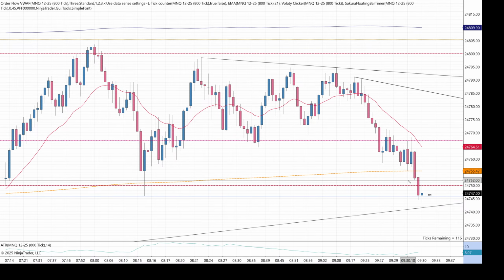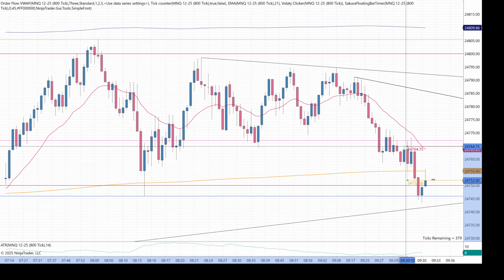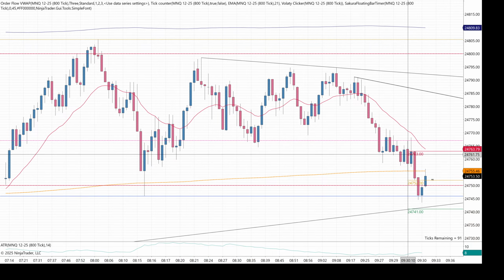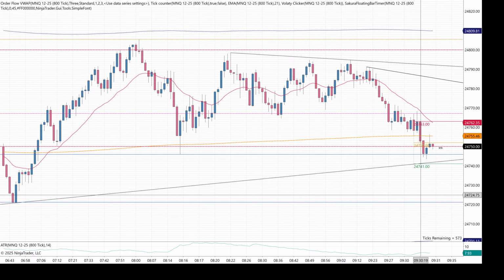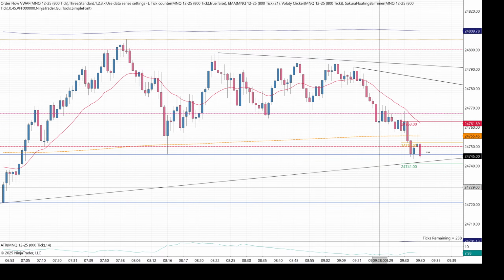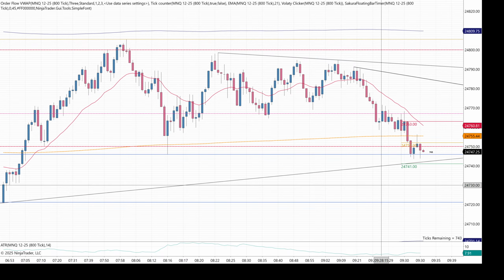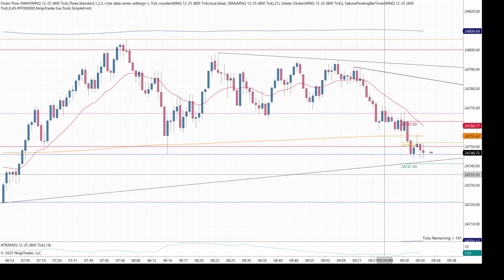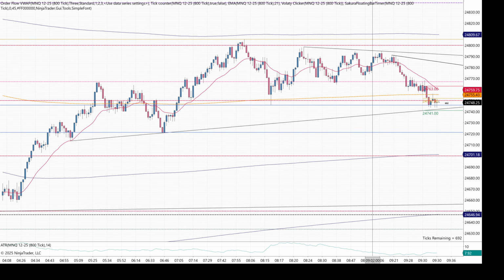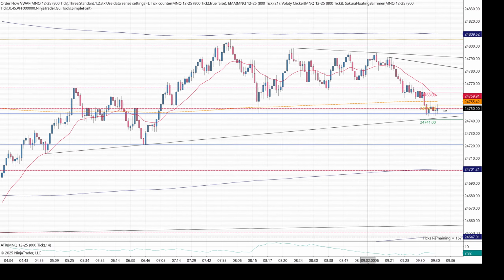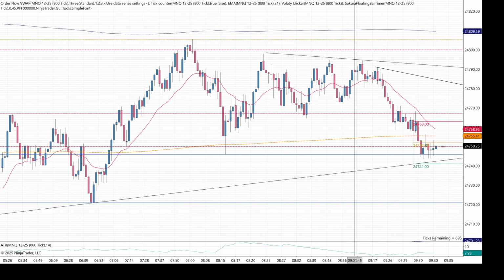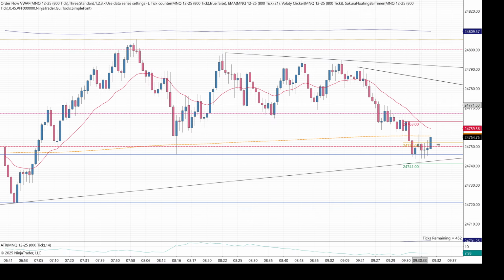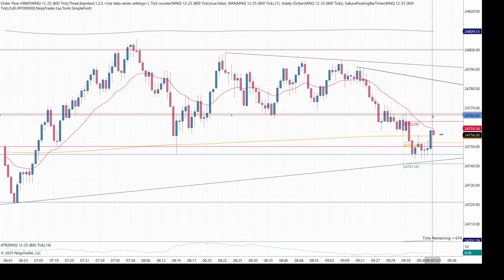And then this was the trigger going south, but not taking it because of the 752. I'm just going to let this play out. We did make a new low, so the golden ruler does move down.